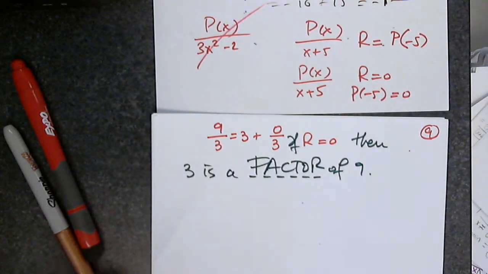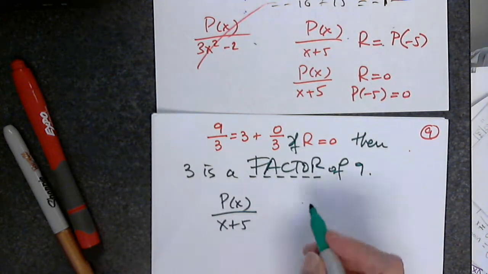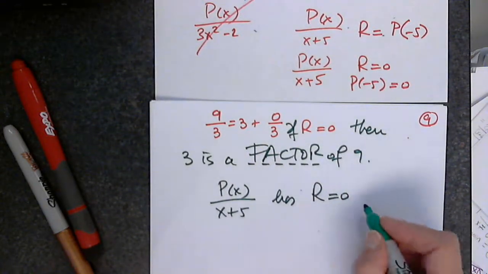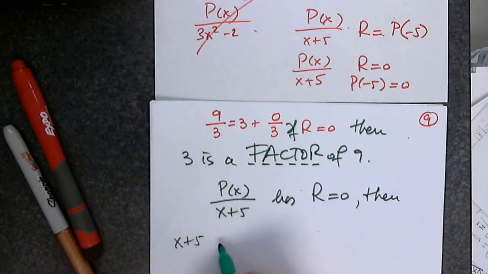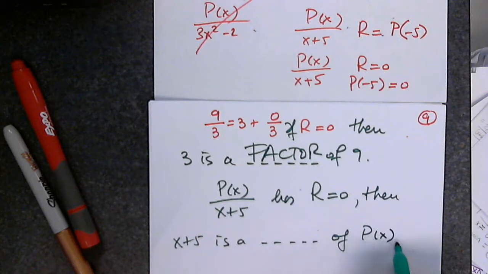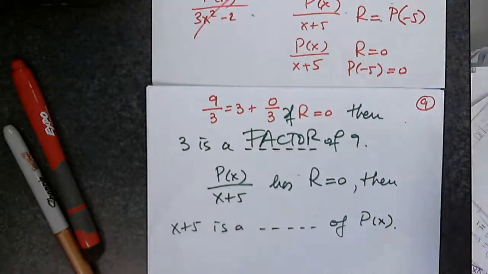So now if I tell you that P of x divided by x plus 5 has remainder 0, I want you to tell me that then x plus 5 is a what?